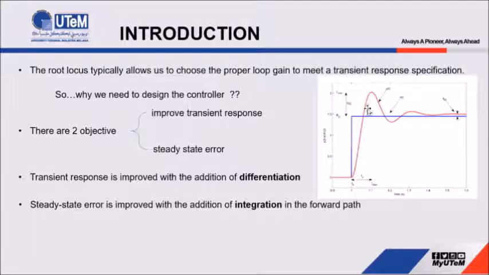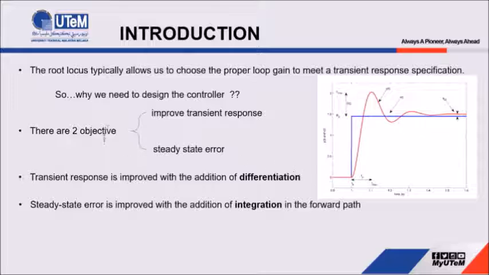This is what you have learned in the previous lecture. Based on this response, we can know the overshoot of the system, TS, TP, and so on. That is a parameter for transient response. Also, we can know the steady state error, which is a parameter for steady state condition.